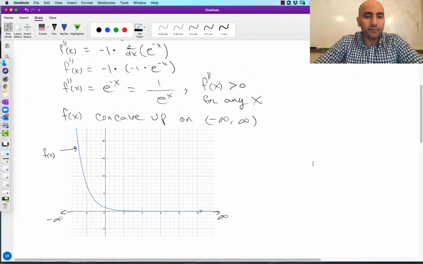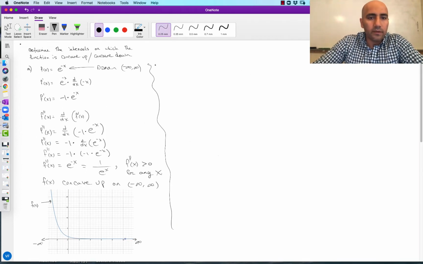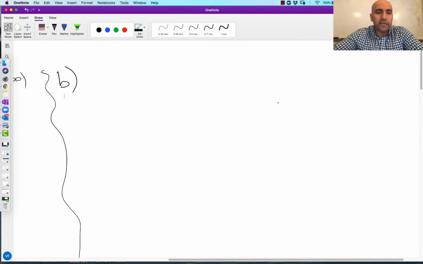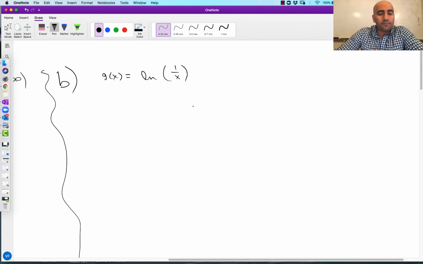Okay, let's try a different one. Let's say g of x is equal to ln of 1 over x. Let's find the same thing, figure out when this is concave up, when it is concave down.